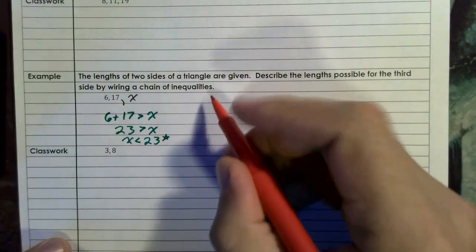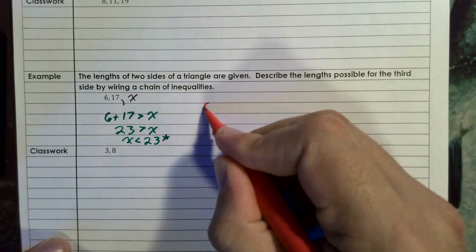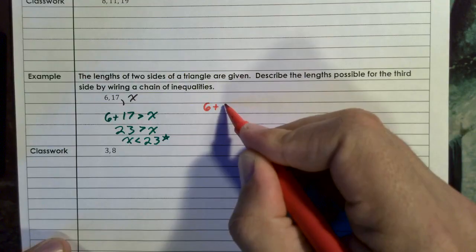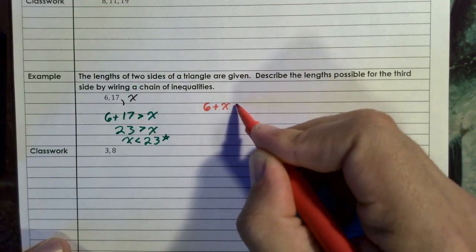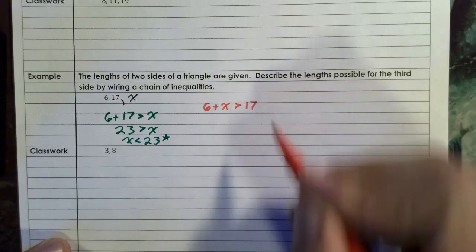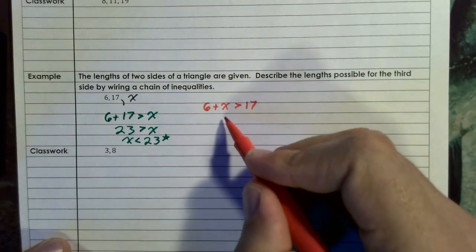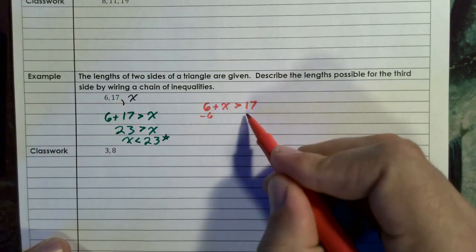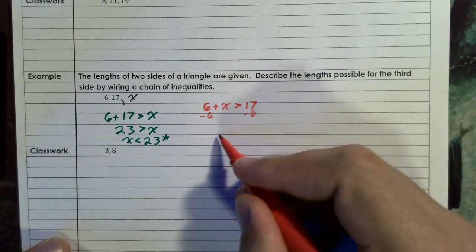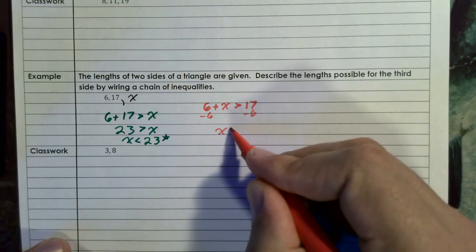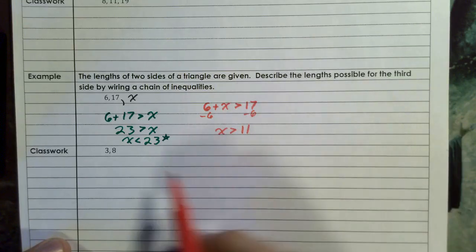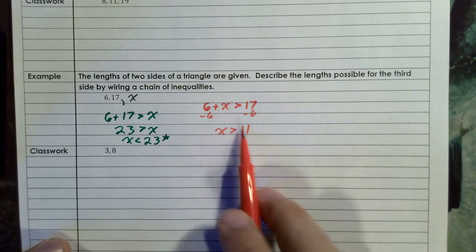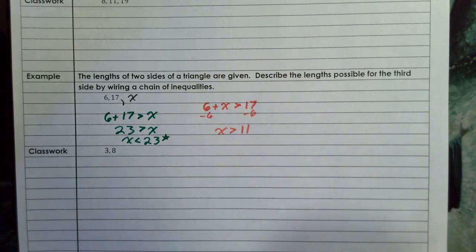Let's try another pair. We could have 6 plus X, that's got to be bigger than 17. So if we solve that for X, subtracting a 6 from both sides, that's telling us that X has to be bigger than 11. So we've got X less than 23, bigger than 11.